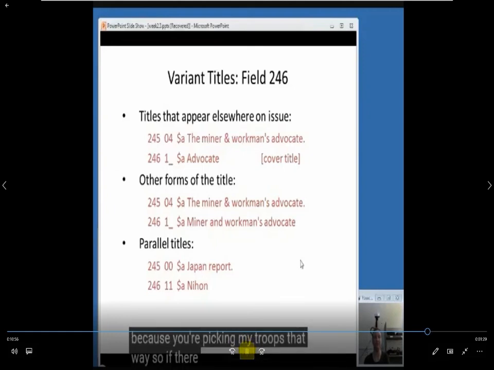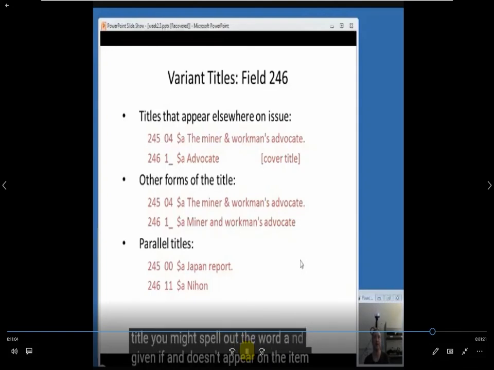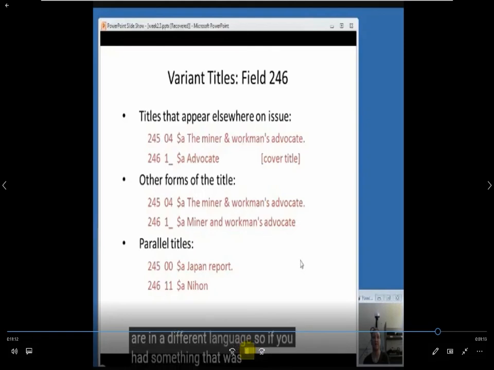So if there was an ampersand in the title, you might spell out the word AND even if AND doesn't appear on the item. Parallel titles could also be included in a 246. Parallel titles are titles that are in a different language. So if you had something that was published and it had a title in both Japanese and English, you could put the English title in a 245 and the Japanese title in a 246.